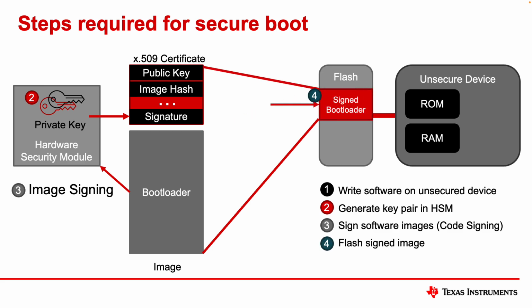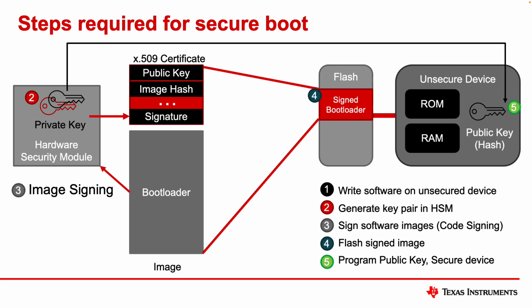We need to now write not only the image, but also the metadata or the certificate into the flash, because the ROM bootloader in the device is going to use this information to boot. If you have security enabled and you don't have that certificate there with the necessary information, the device is not going to boot. That's where secure boot comes from. So now we take all the metadata and the image and put that into the flash on the device, and our last step is we need to actually program the public key, or the hash thereof specifically, into the device and turn on security.